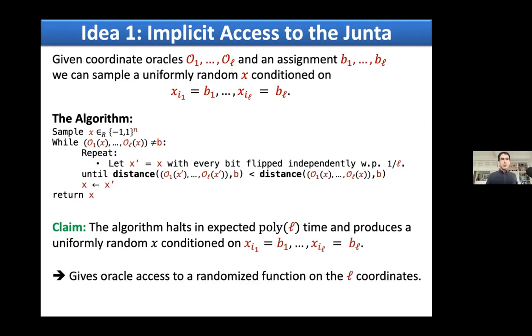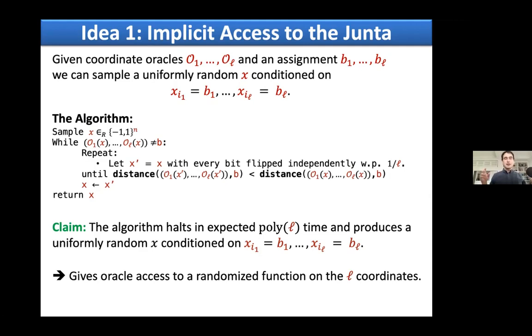And notice that what it gives us, in some sense, is that we can now forget about all the other coordinates and just think of the L coordinates as our input coordinates. We don't know their identity, but we can specify inputs to them, and then we get a random output of the function under the condition that these inputs equal these specific values.